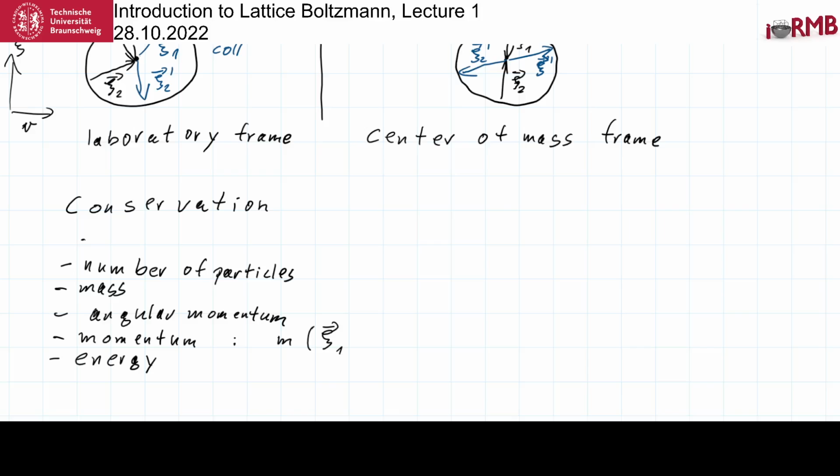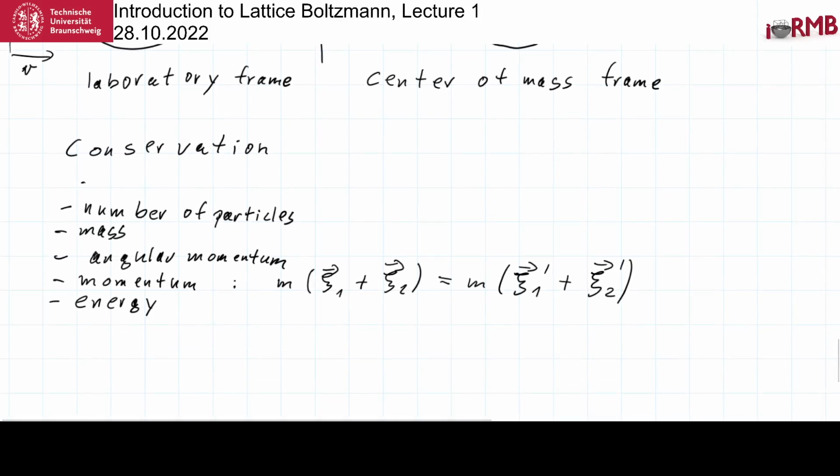So xi1 plus xi2 is equal, so this is the incoming pre-collision state, is equal to the sum of the momenta of the outgoing case, and energy is 1/2 m and the velocity squared.